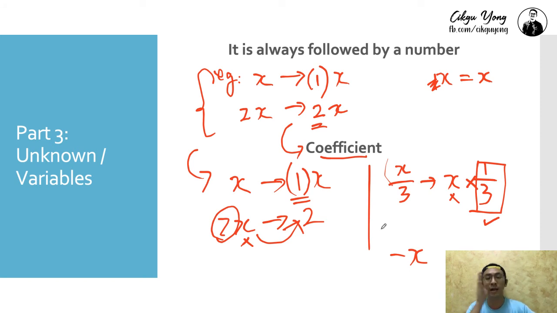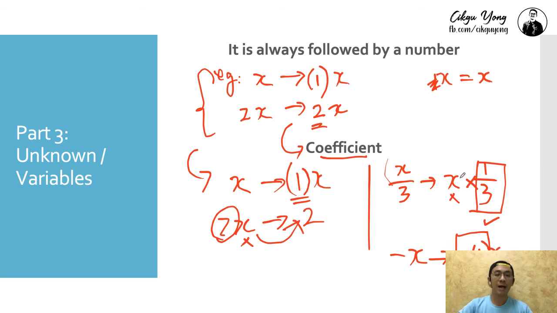So integers, there's negative integer, positive integer, and 0. So negative X, it can be defined as negative, again, a hidden 1, X. So regardless whether it is positive or negative, you should always be seeing a digit accompanied with your unknown. So negative X, actually it is a negative 1X. So for this, the coefficient would be the entire stuff, which is your negative 1.